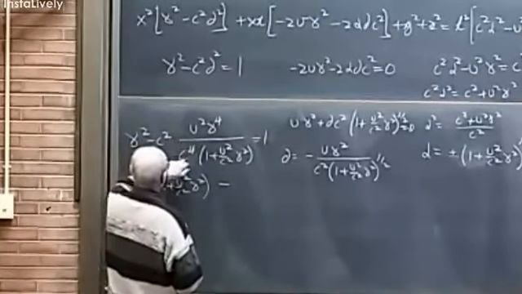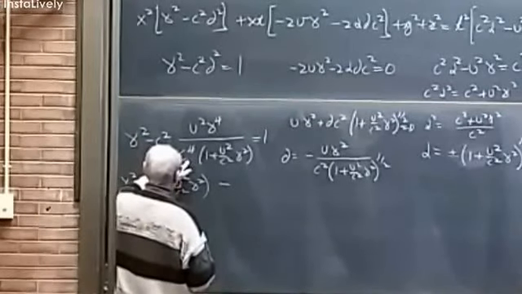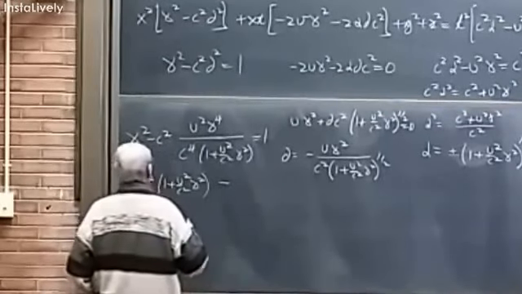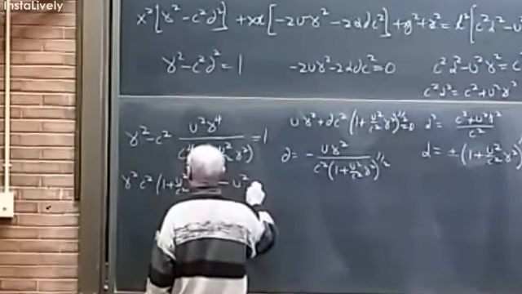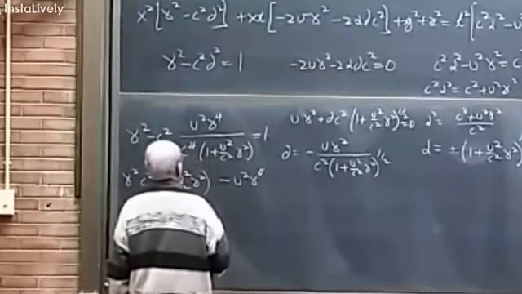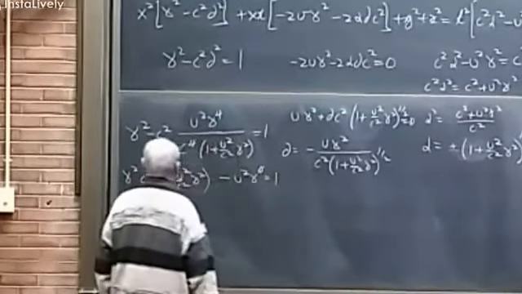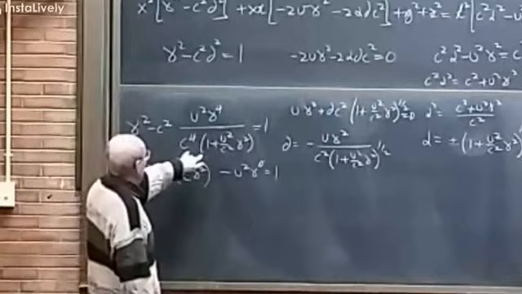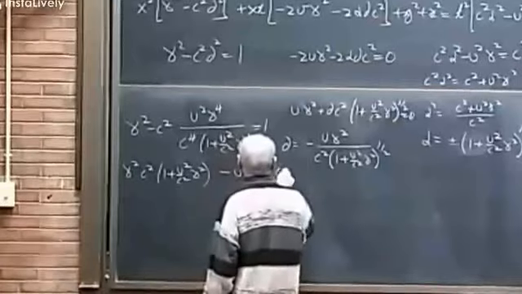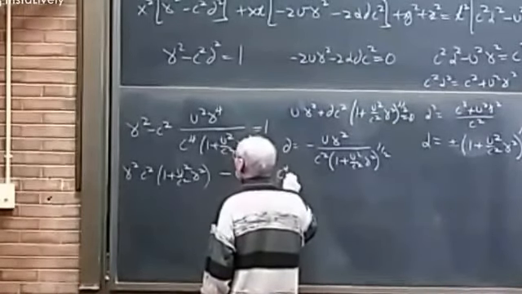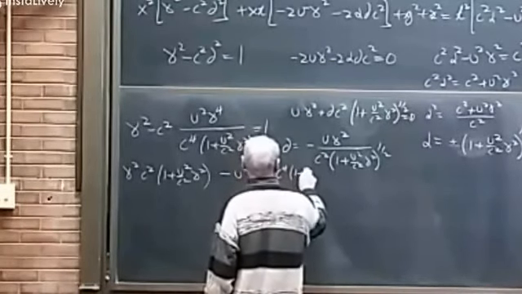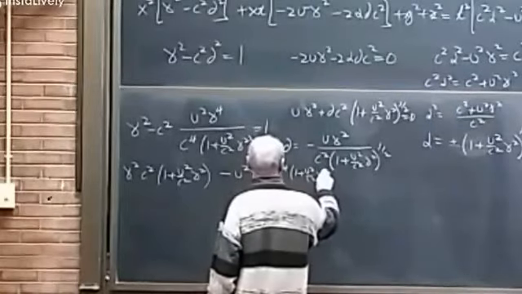Minus, now here I've taken that upstairs, so all I have left is b squared gamma to the 4th minus b squared gamma to the 4th equals, now, I multiplied through by this, so I have to do that over here. And so I get c 4th, one plus b squared over c squared gamma squared.